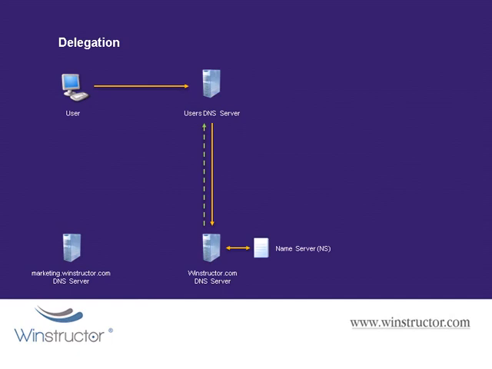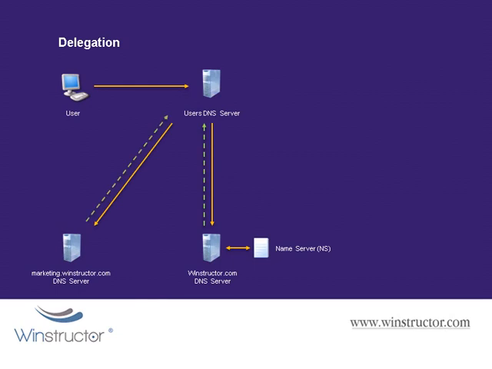So it sends back the IP address of the DNS server in the marketing.winstructor.com domain. The user's DNS server then contacts the DNS server in the marketing.winstructor.com domain directly and requests the IP address of the host that the user is trying to contact.